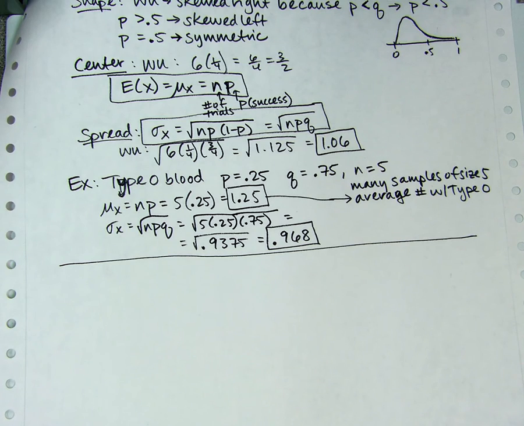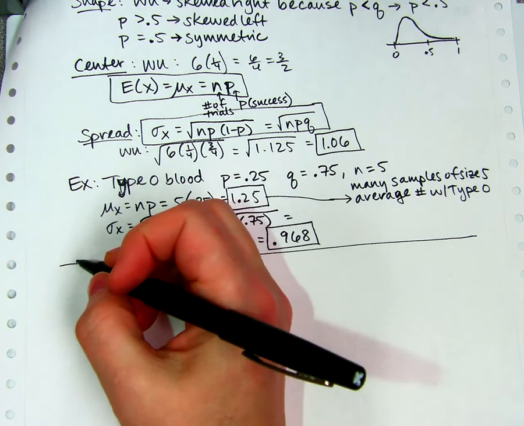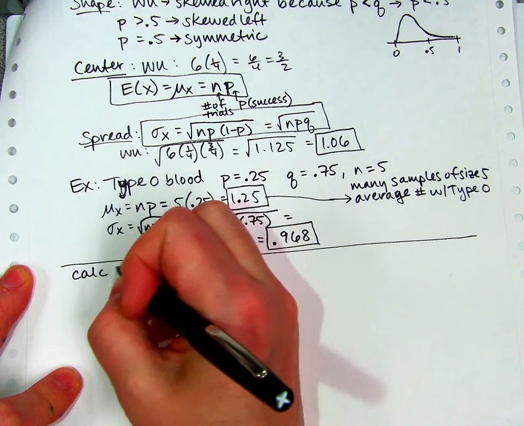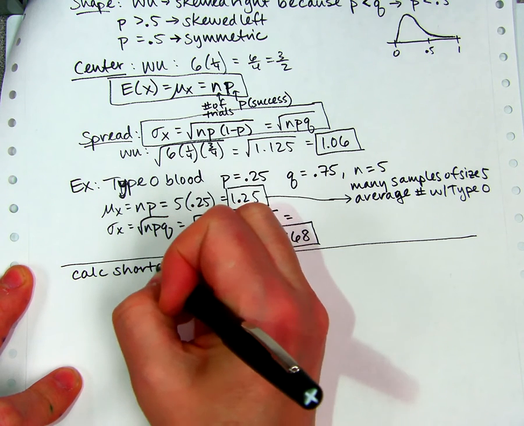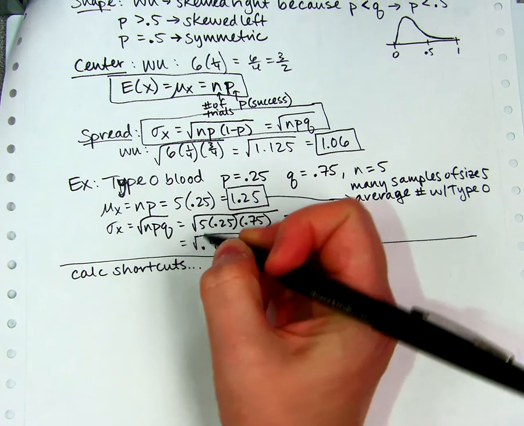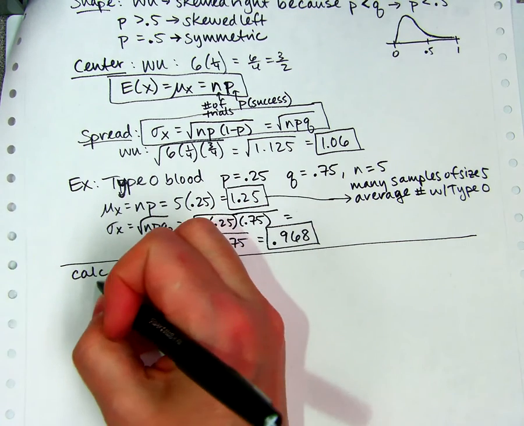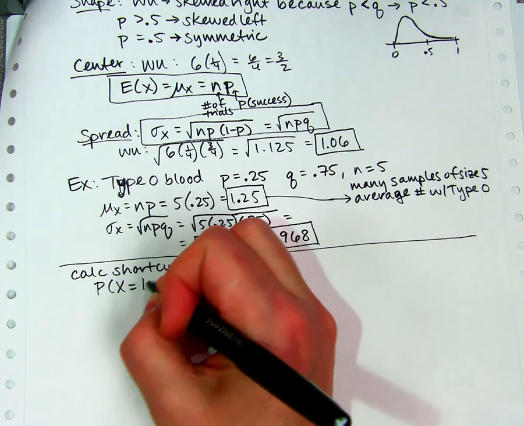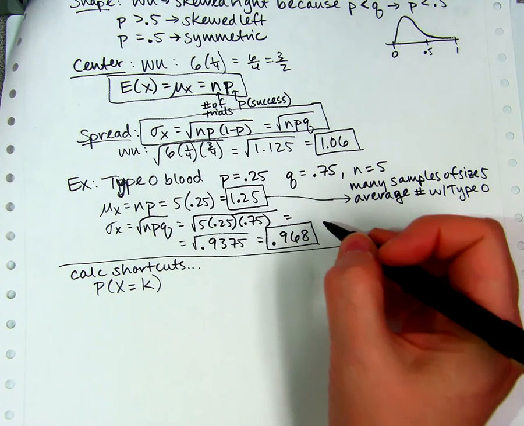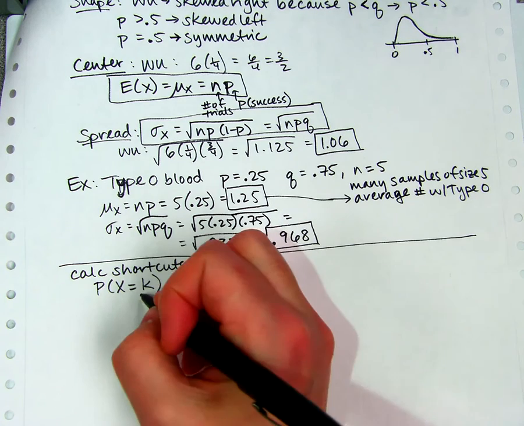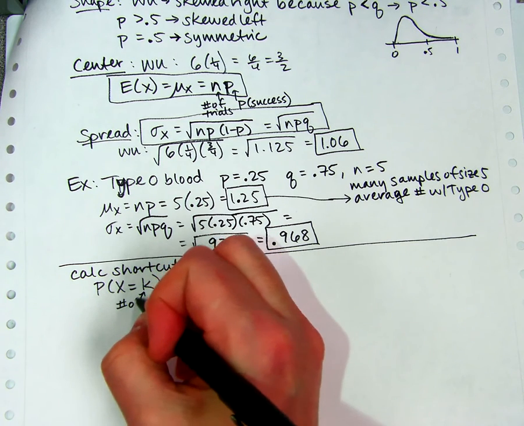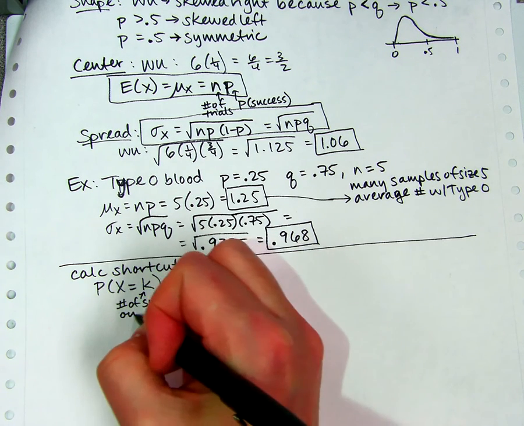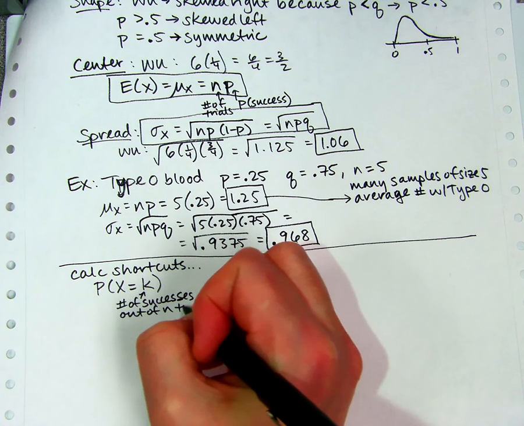I want to show you some shortcuts for what we did in 6.3a. A couple of calculator shortcuts that were not in those notes, but I thought I should put them somewhere. So you already know that the probability of x being a certain number, which we're going to call k, is the number of successes out of n trials.